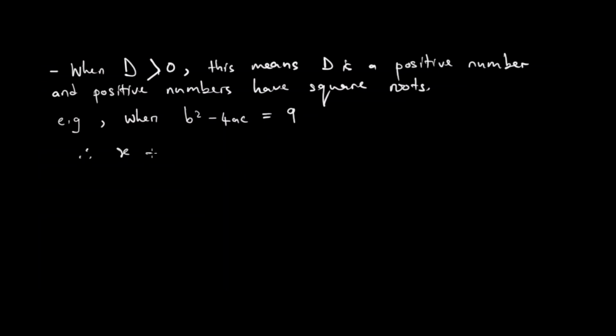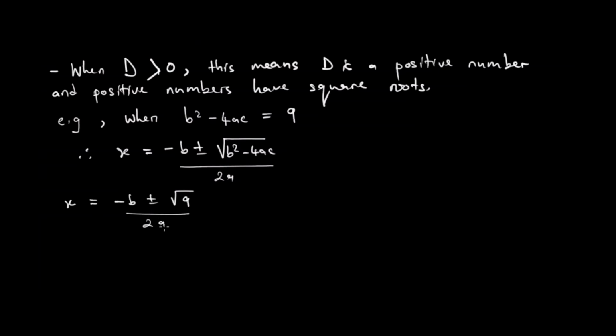Therefore, x being equal to minus b plus or minus the square root of b squared minus 4ac over 2a, it then means x is equal to minus b plus or minus the square root of 9 over 2a, which means minus b plus or minus 3 over 2a, which means minus b plus 3 over 2a, or minus b minus 3 over 2a.